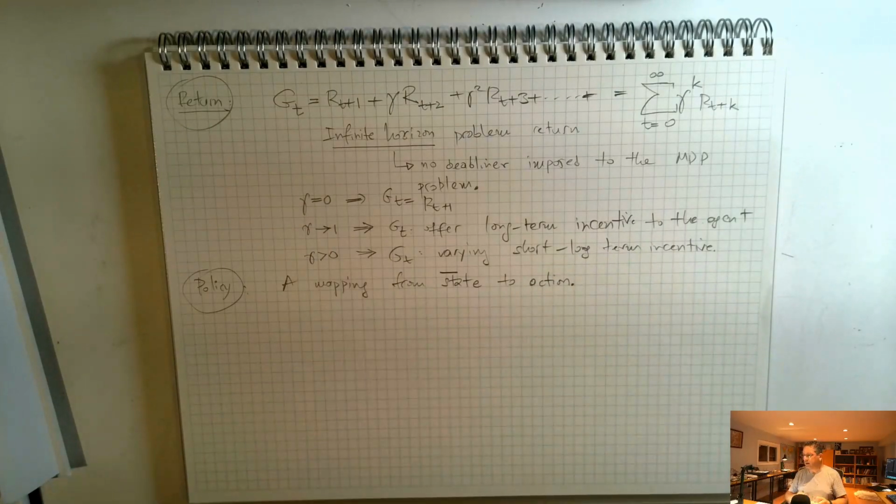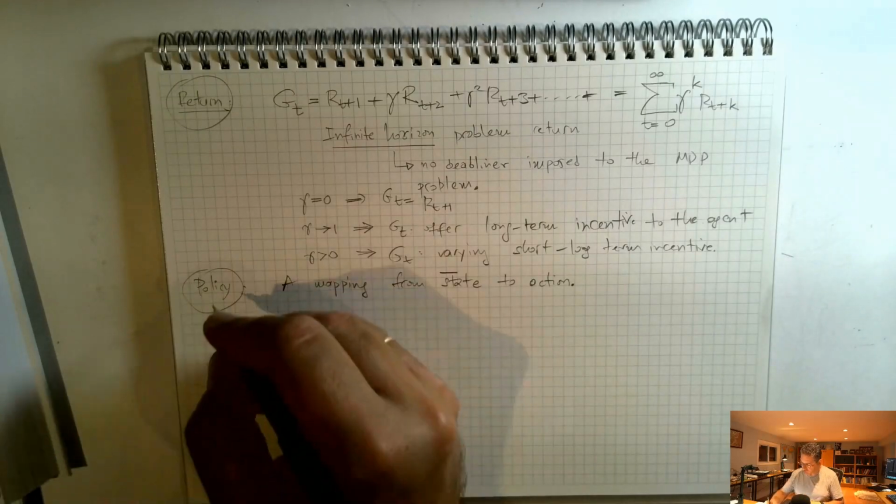When we talk about policies, we are defining an action for all possible states in the problem, or at least the ones that we are visiting. As we'll see later, how many states we visit also distinguishes the various algorithms that we will use to solve the MDP problem.